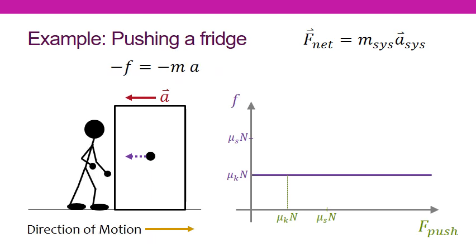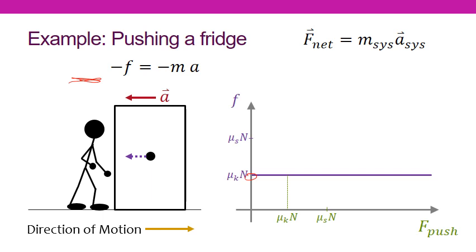And I could go so far as to stop pushing it at all. If I stop pushing it at all, now my pushing force has gone to zero, and it's no longer present in my expression of Newton's second law. All that's there is now my frictional force.